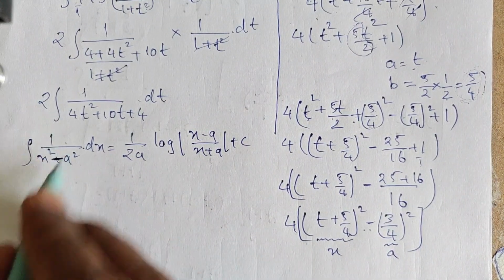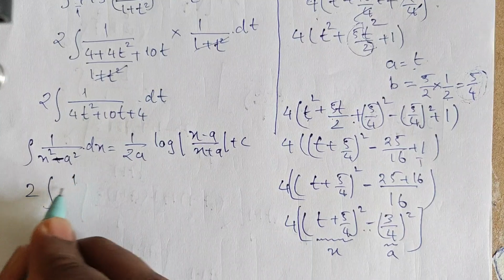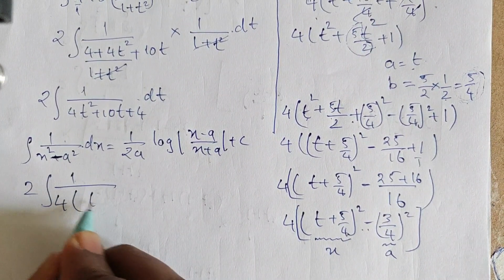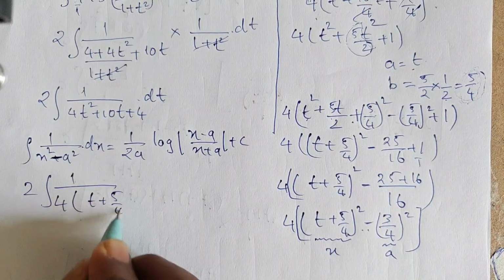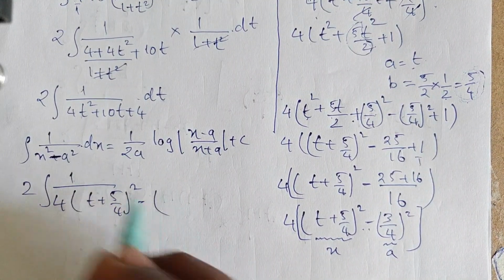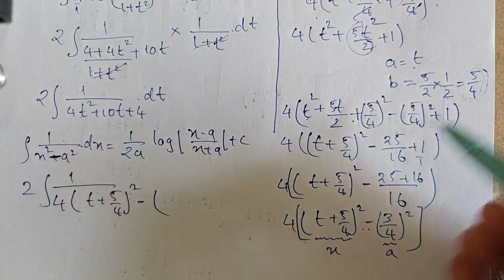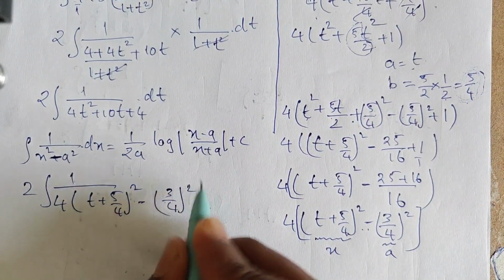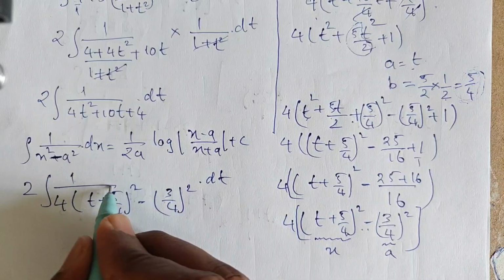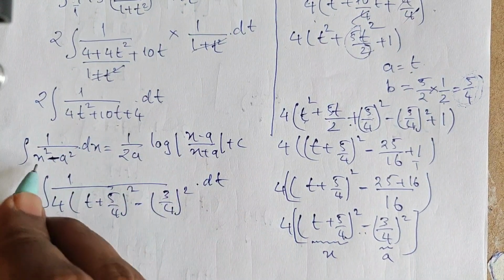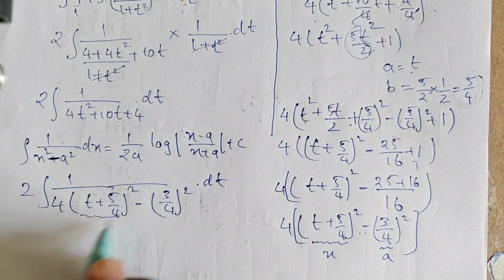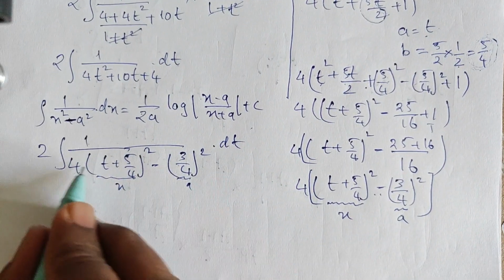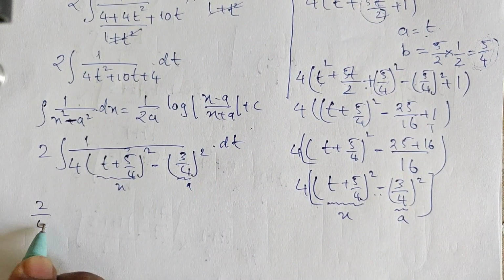Okay, so now if I write here, what you get, you see integral 1 divided by x. Okay, can I write this 4 (t plus 5/4) whole square minus c, in the place of this denominator I simplified, I'm writing this, so it will be what, (3/4) whole square into dt. Okay, now if you compare with this, this will be my x, this is my a. Okay, so I have to write this, what you will get, remove 4 outside the integral, this 2/4.